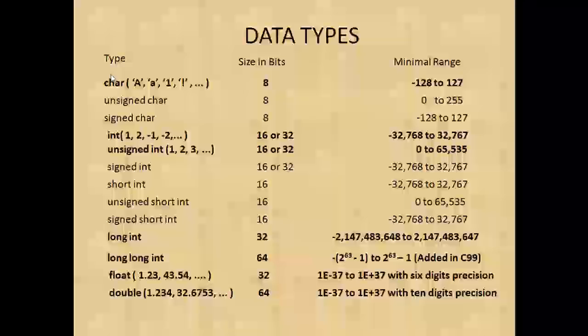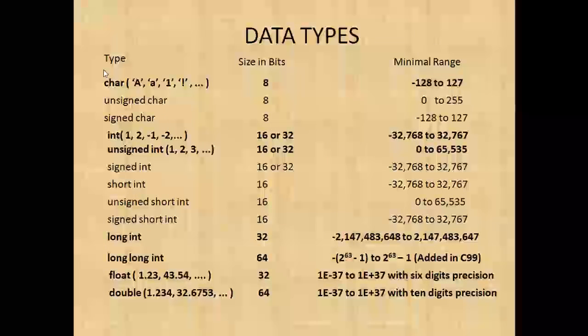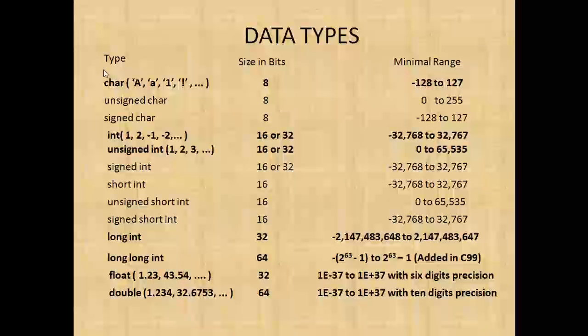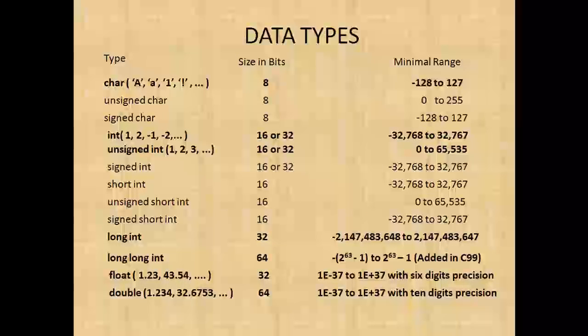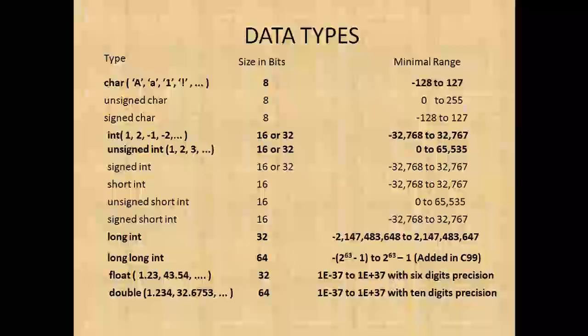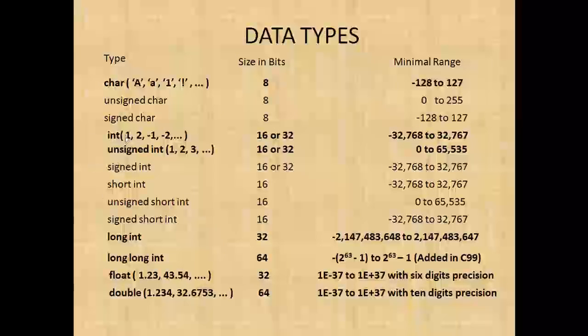And here I have mentioned some of the data types which we use in the C programming language, and I have highlighted the ones which we use most frequently: char, int, unsigned int, long int, float and double. Char is what we call a character.